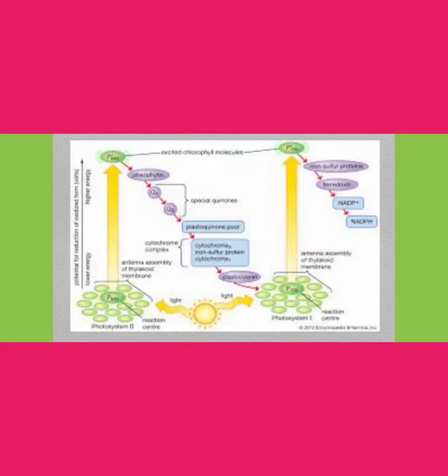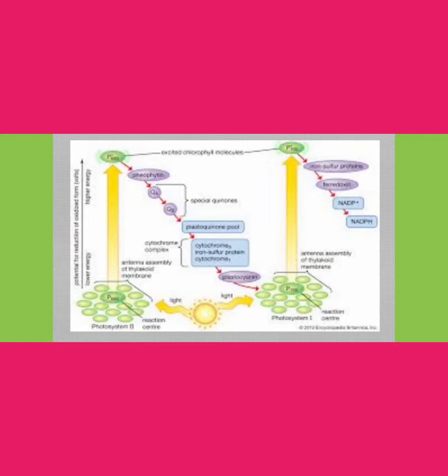Here in this picture you can clearly observe the reaction center of PS2, that is P680, gets excited. In the excited state we represent it as P680*, and in that state it loses an electron, and through different electron carriers that electron reaches P700. What is this P700? That is the reaction center of PS1.